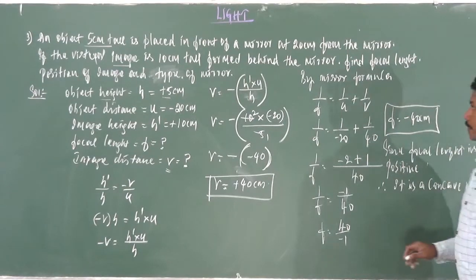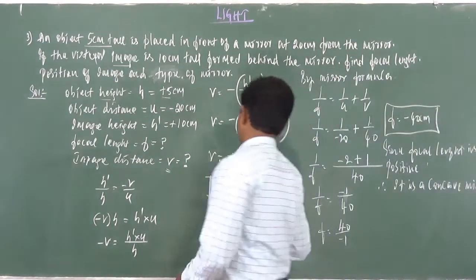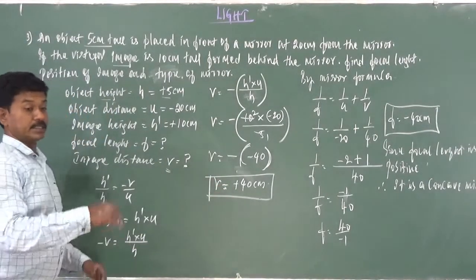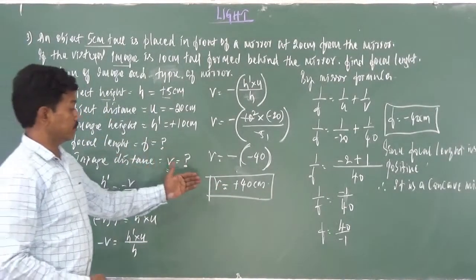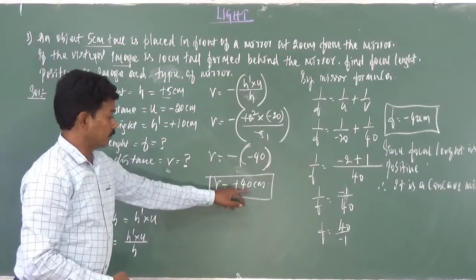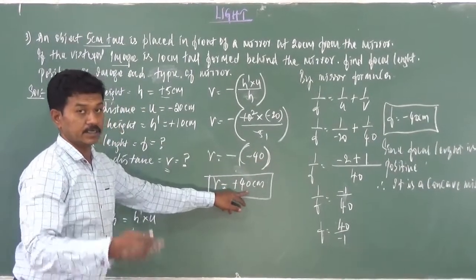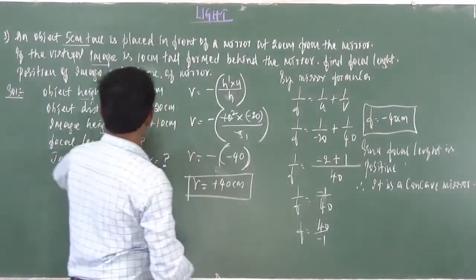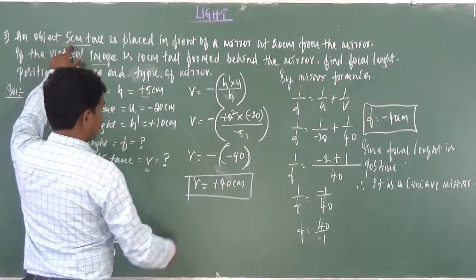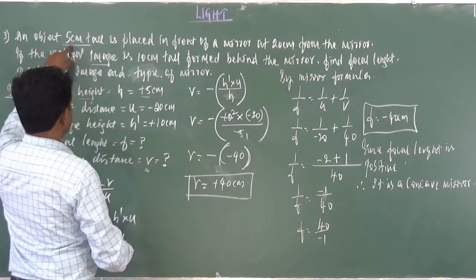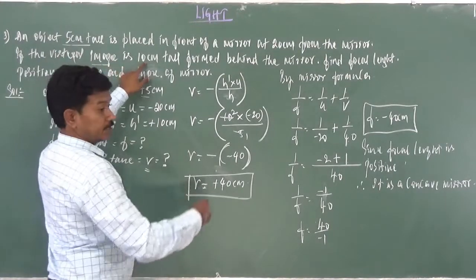So once again, v is 40 centimeters, so that is the position of the image inside the mirror, that is, the image is formed 40 centimeters from the pole of the mirror. This indicates that the image is virtual. When you compare the size of the object, 5 centimeters in height, and image h dash, 10 centimeters, it is an enlarged image.